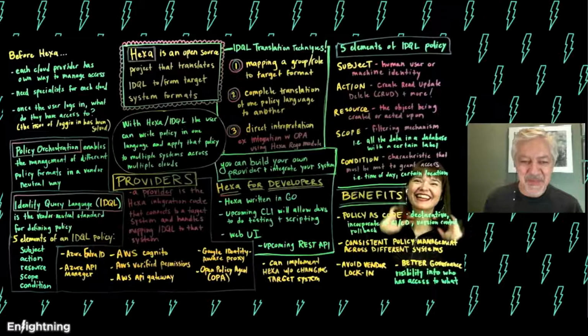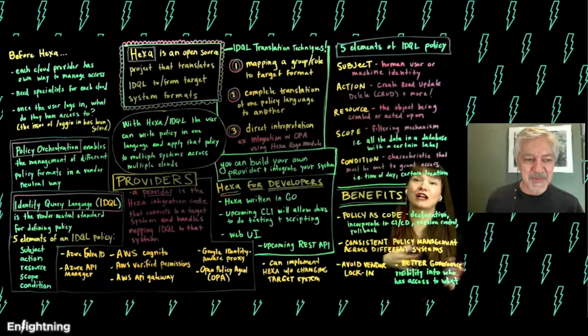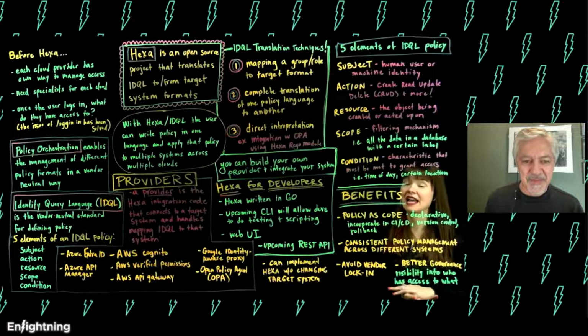Yes, okay. So once you're in, still each cloud provider has a different way to manage what resources you can access and what you're allowed to do with each resource. And so you need within an organization to have a specialist for each cloud to define policy for each cloud. That was a problem, needing to navigate differently for each different system that an organization is using.